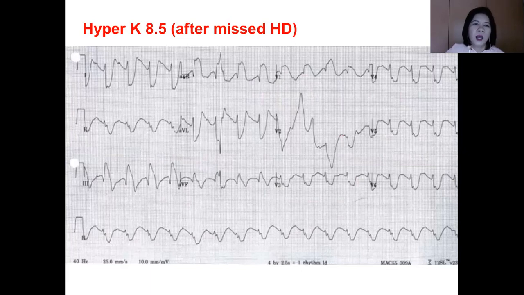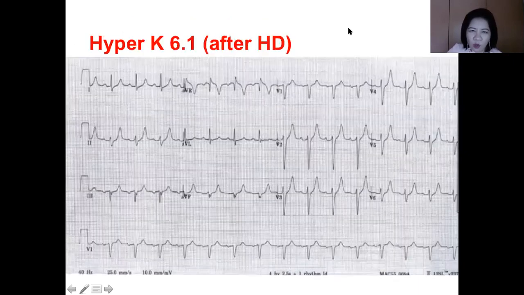Okay. Now, this is an example of a chronic kidney disease patient that missed his hemodialysis session. So what happened? The potassium went up to 8.5. So in hyperkalemia, the initial changes, okay, I will shift to the next slide. The initial change is a peaking.